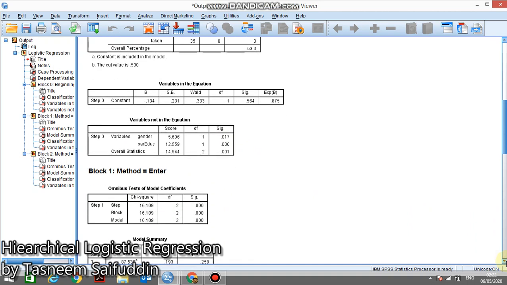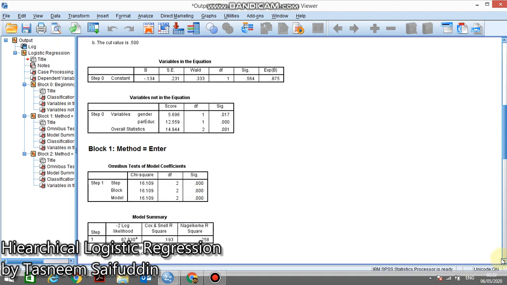Block 1, again, is giving us the omnibus tests of model coefficients. All of it is significant, giving us the clue that our model is significant. It is telling us that the combination of gender and parents' education significantly predicts who will take algebra 2.